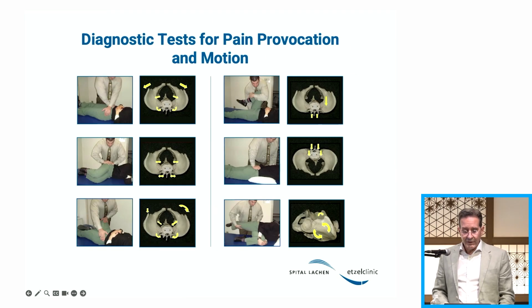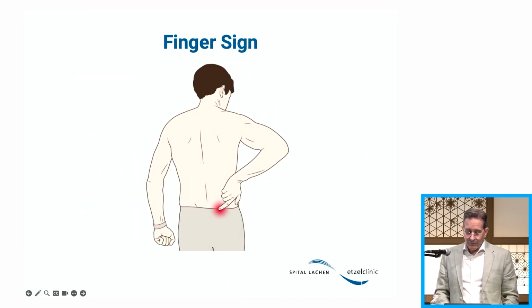If you look at all the yellow arrows, you realize that none of these tests is actually specific, because you always move the facet joints, you always move the hip joints, and there's no test where you really move only the SI joint. And it's funny to hear that the Japanese have gone exactly the same way.